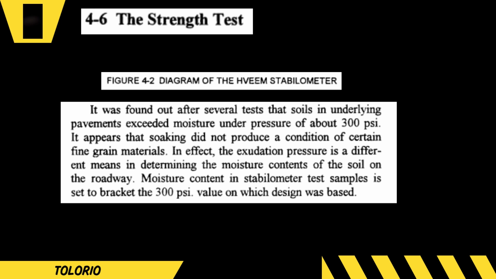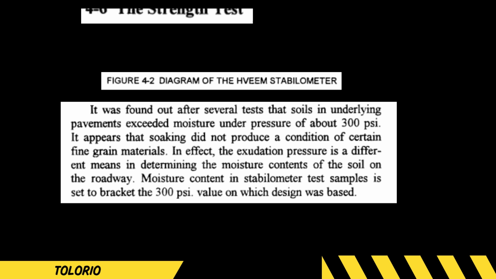In effect, the exudation pressure is a different means of determining the moisture contents of the soil on the roadway. Moisture content in stabilometer test samples is set to bracket the 300 psi value on which design was based.